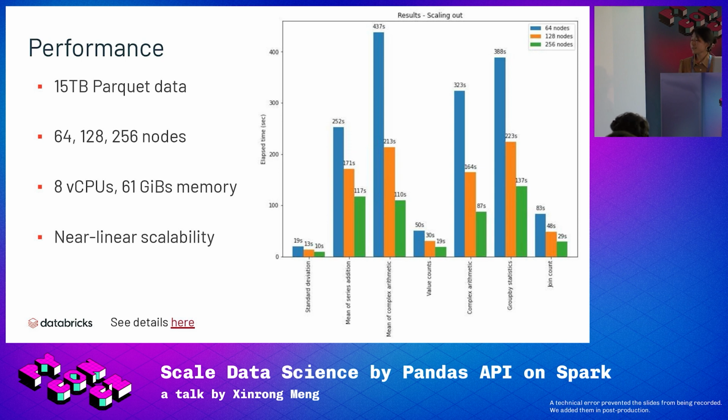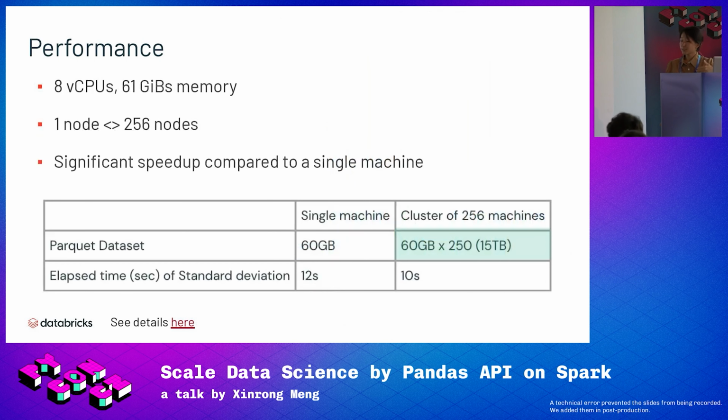From our analysis, we concluded that the distributed execution of Pandas API scales almost linearly in this test scenario. Specifically, when the number of machines doubles, the execution time halves.